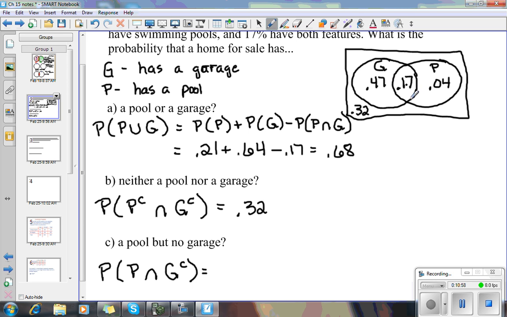But you don't have a garage, so you can't be in this part because these people, this is the probability of having a garage. So you would have to be in this region. Okay, so think about that again. You have a pool, so you're in this circle, and you don't have a garage, so you have to be in this portion of the pool circle, so we get 0.04. So that's how easy you can do some of these problems with a Venn diagram.